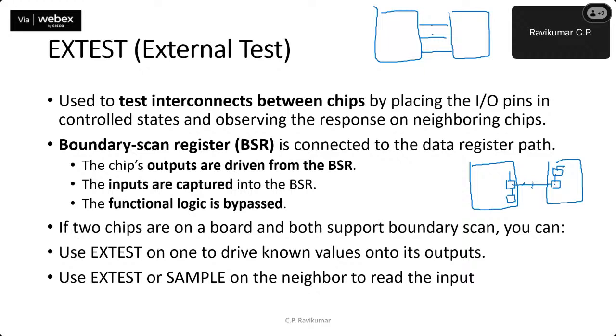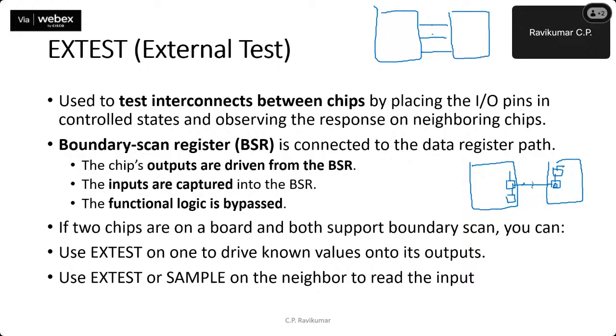So what I could do is I could initially place a 0 here. Okay, then I will come and place a 1 here. Then I'll capture that 1 here. So I'll have to go to the shift mode and bring in that 1 to this particular wire.